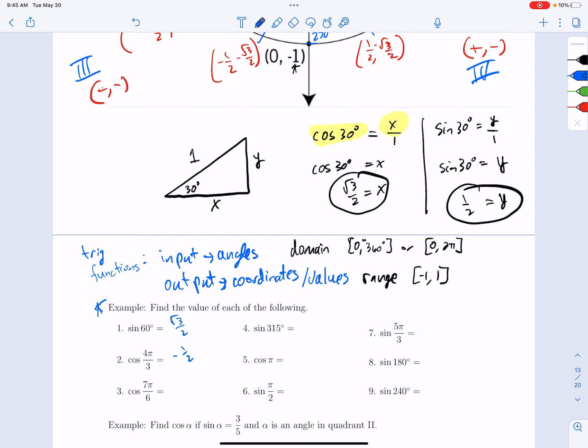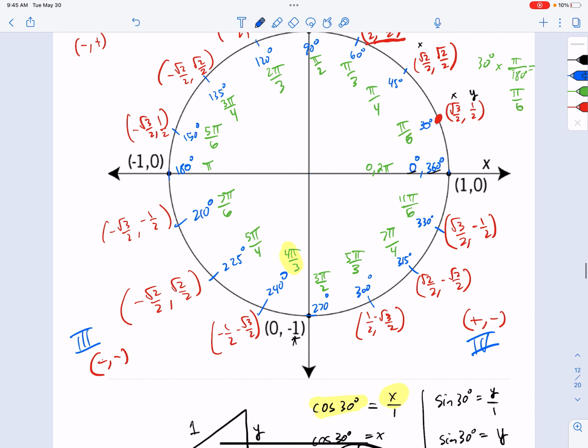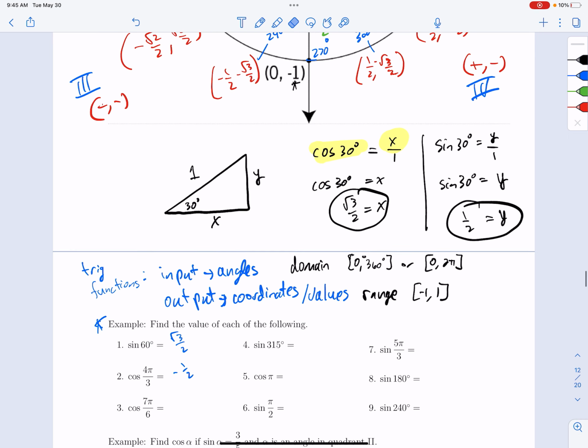Cosine of 7 pi over 6, so that's the x coordinate at 7 pi over 6. 7 pi over 6 is over here. The cosine value is x, so that's negative root 3 over 2. And so on. My suggestion would be to pause the video, see if you can fill out the rest of these, and then hit play again, and we can go through them together.